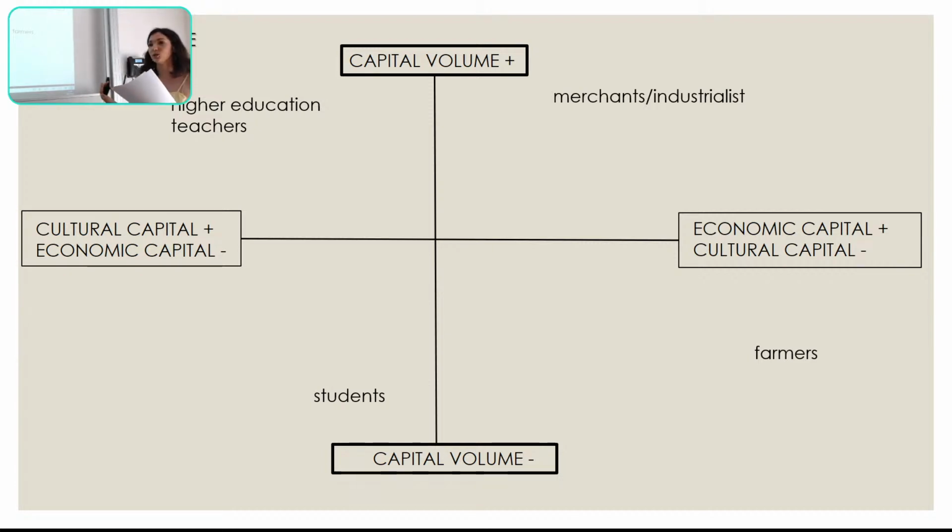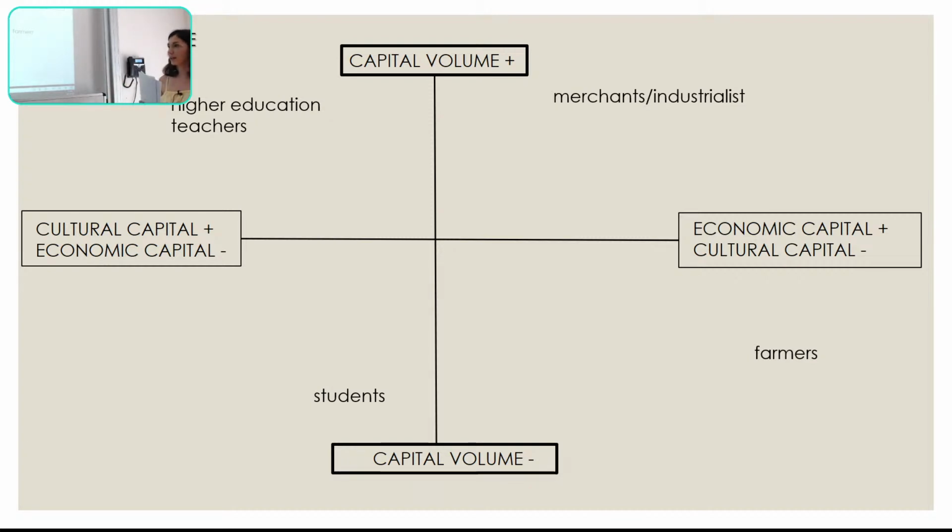Okay, so where you are in this social space determines your relative distance from material necessity. Obviously, if you're in the upper part, you have a good amount of capital and you're subject to an overall distance from necessity. What also comes with that is that if you have a lot of economic capital, you have more time to build cultural capital because you don't need to worry about building economic capital.